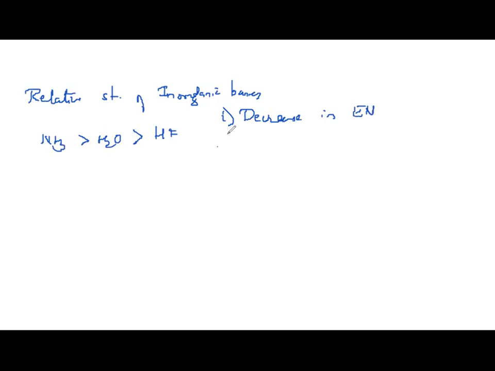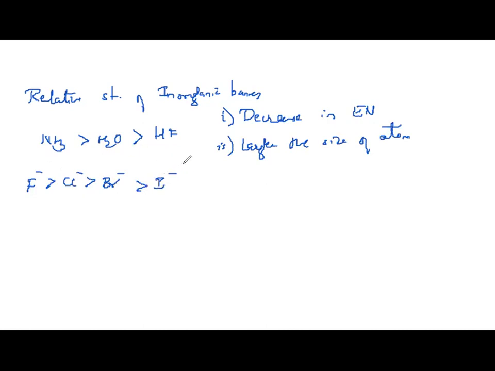And second one, the larger the size of the atom, having unpaired electrons, so I can say here with the second point, F minus is more, then comes Cl minus, then comes Br minus, then comes I minus.